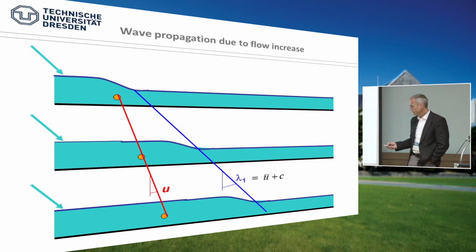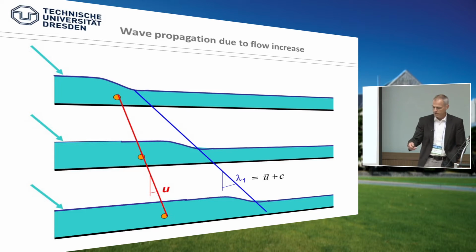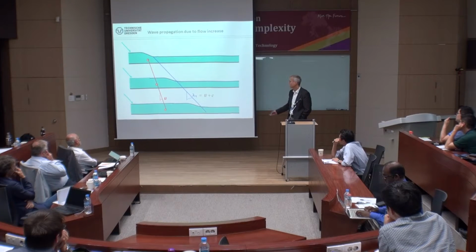So the wave propagation velocity is the average flow velocity, the mean flow velocity, plus the wave celerity relative to the water body. And here we have the flow velocity, which is according to the average or mean flow velocity.